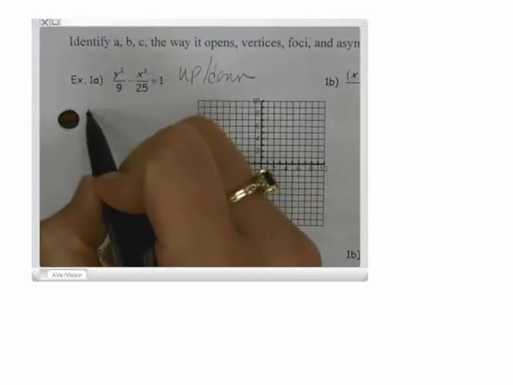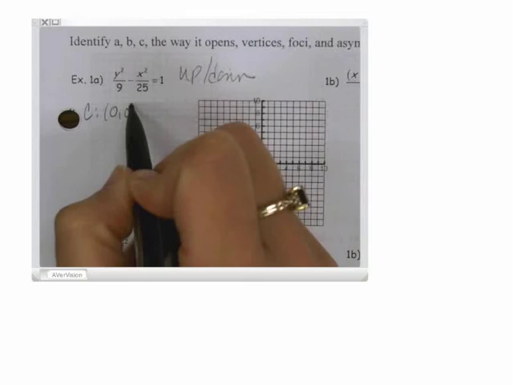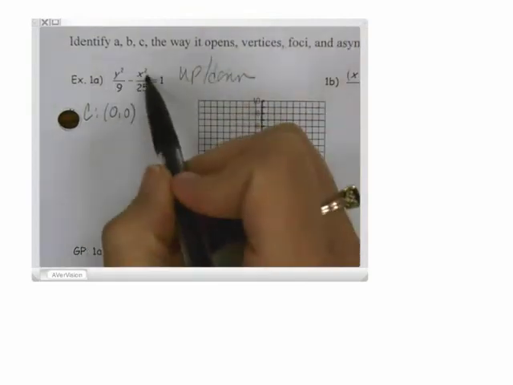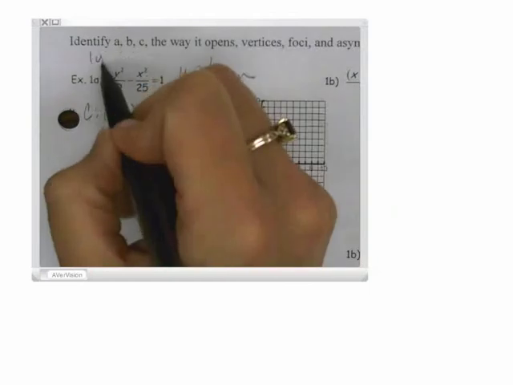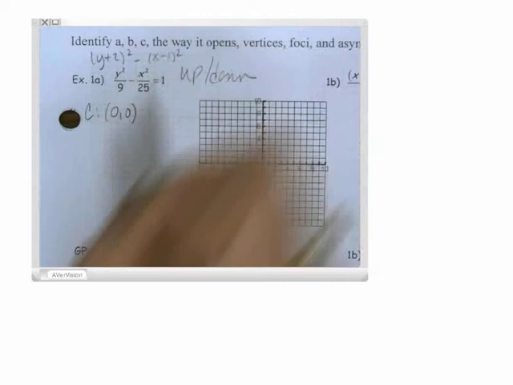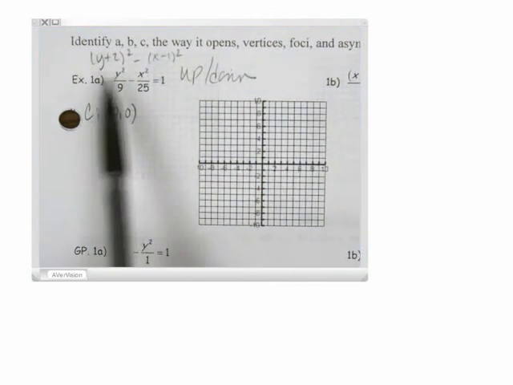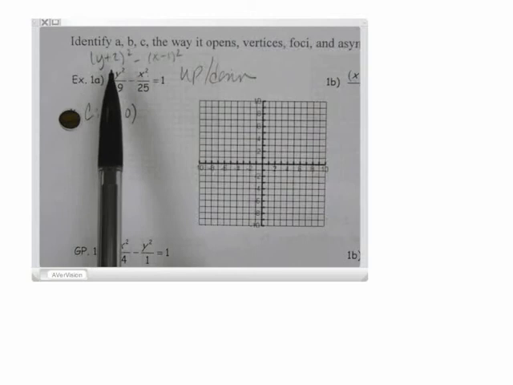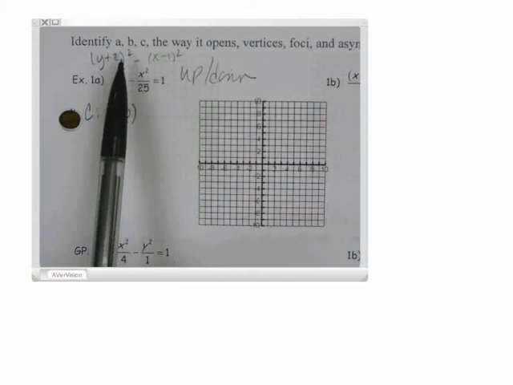Now, the center is 0, 0, but one common mistake, watch out for this, is let's say they had some numbers subtracted here. If it was like y plus 2 squared minus x minus 1 squared, or whatever. I'm going to erase this in a minute, so you don't need to write it down. But what's very important is don't tell me your center is negative 2, 1, even though that's the way it's written here.